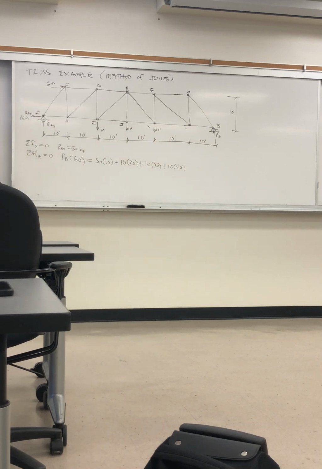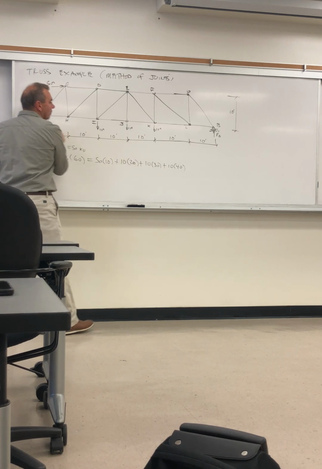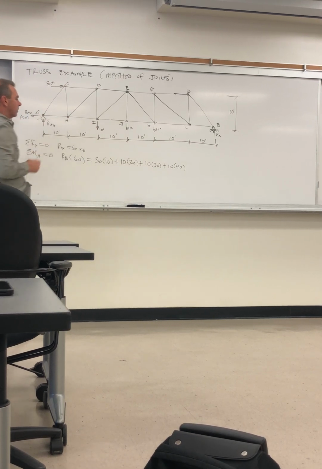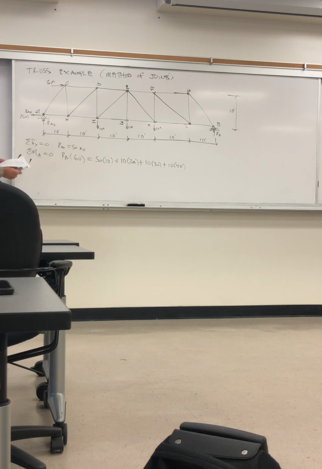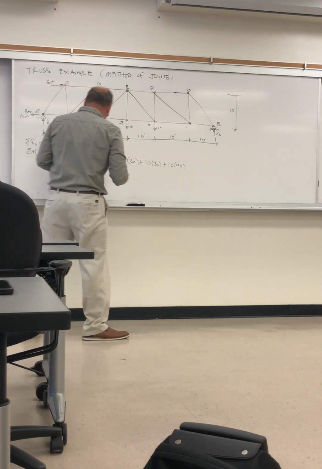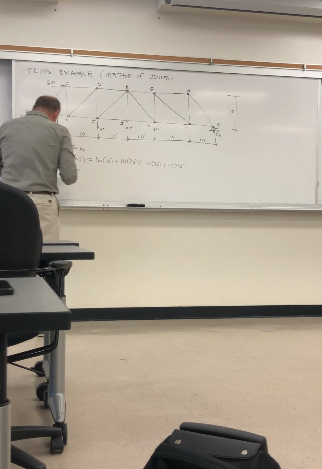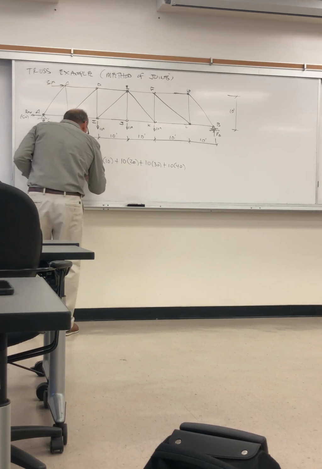Then the only unknown is R sub B. So 20 to here, 30 from here to here, and 40 from here to here. R sub B is 23.3 kips.